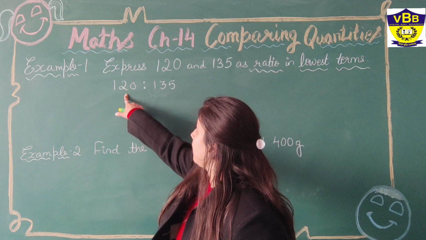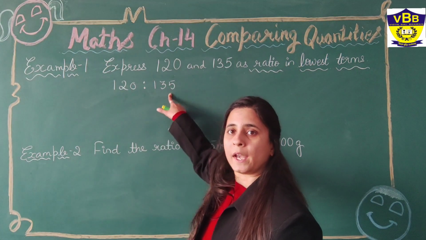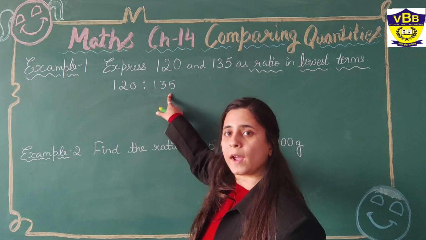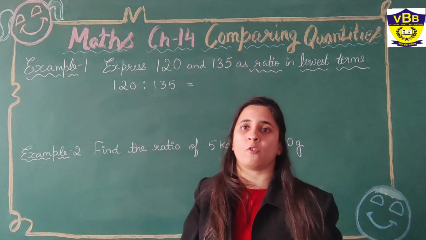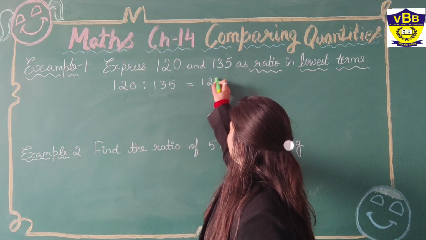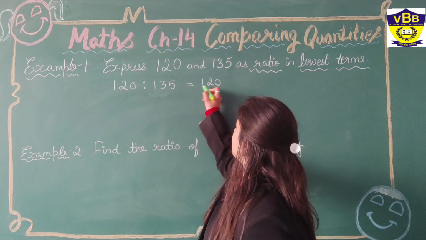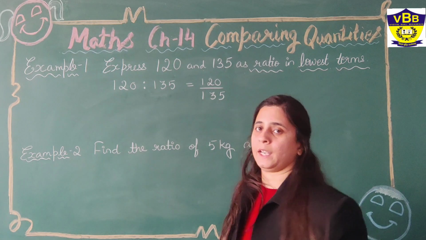We will read it as 120 is to 135, and this will be written in the form of a fraction, where the first number becomes your numerator and the next number becomes your denominator. It will become 120 upon 135.